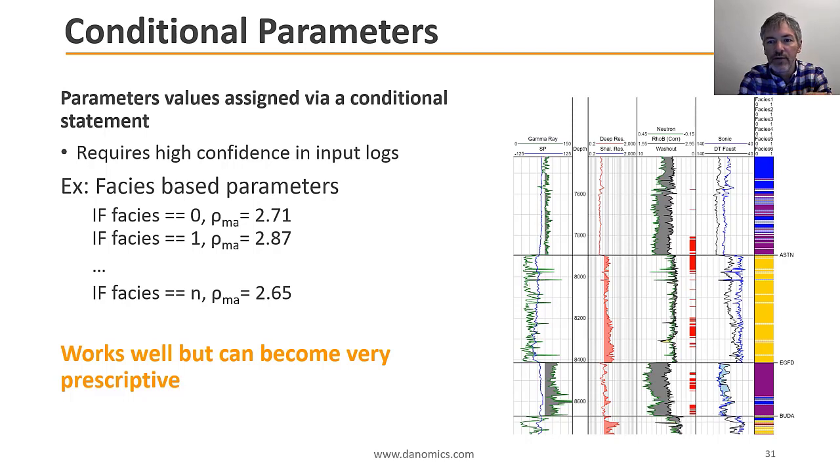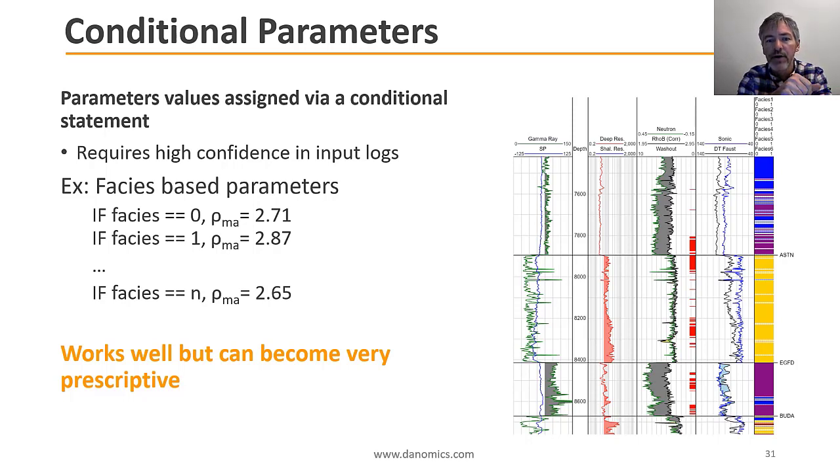So if your facies is equal to 0, then set your rho matrix at 2.71. If your facies is equal to 1, set it at 2.87, and so on and so on. This can work well if you have a high level of confidence in your input logs and there is a strong correlation between those logs and the parameter that you're trying to set.